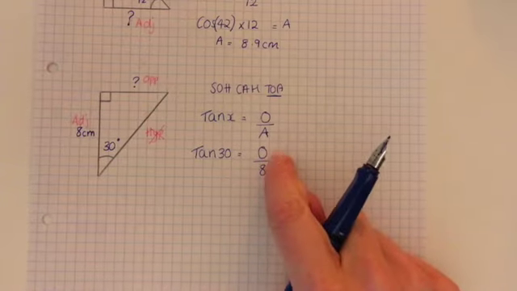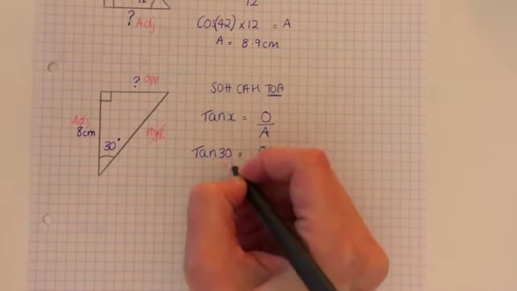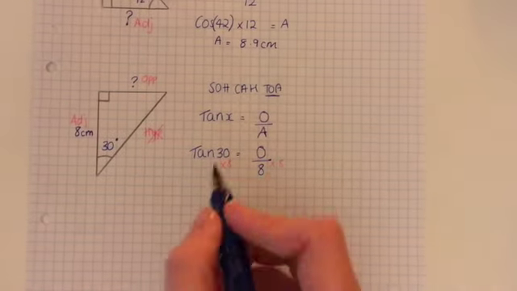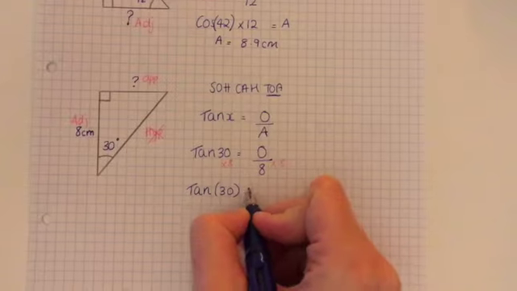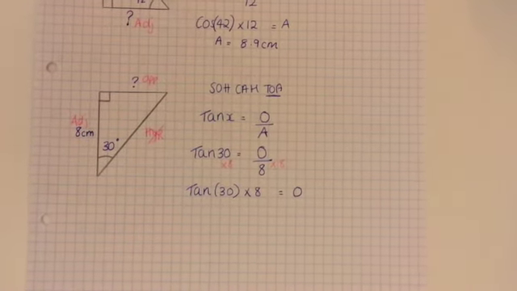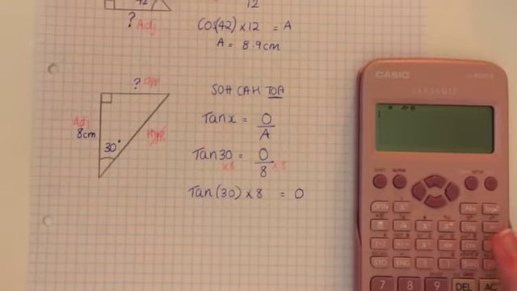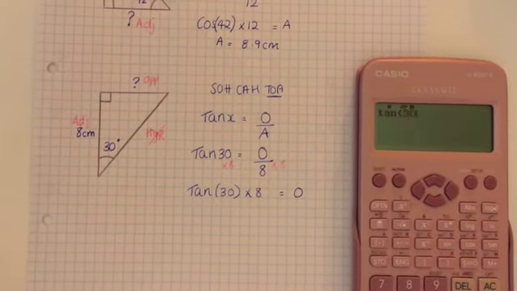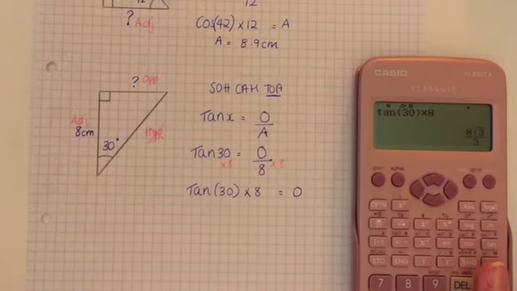So to get the O on its own, I'm going to multiply each side by 8. So tan 30, I'm going to put it in brackets because that's the way it's like on the calculator, multiplied by 8 is going to tell us our answer. So as I did before, I used my calculator, tan 30 times 8, and it gives me the answer.